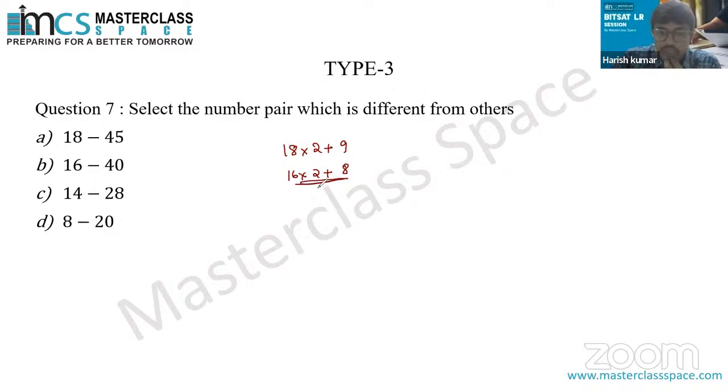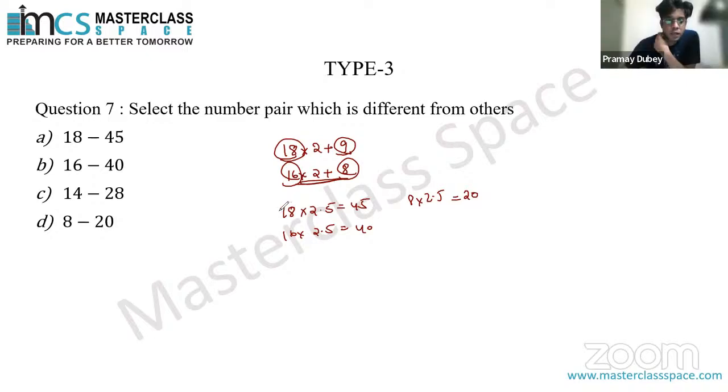But however, if I carefully observe, 9 is half of 18 and 8 is half of 16. So there is something going on here which is in multiples of decimals, right? So 18 into 2.5 is 45. 16 into 2.5 is 40. And 8 into 2.5 is 20. But 14 into 2 is 28, not 2.5. So that's the answer. I hope you have applied the same logic, all of you.